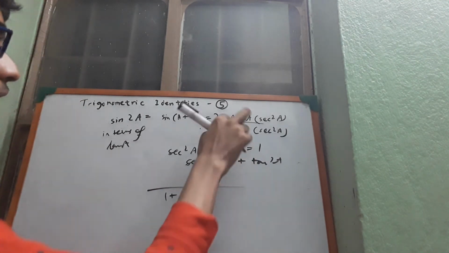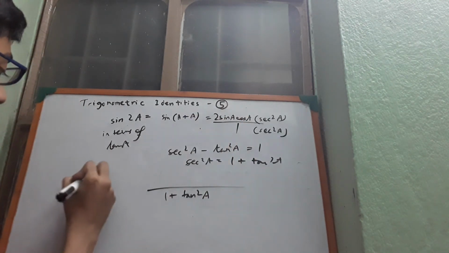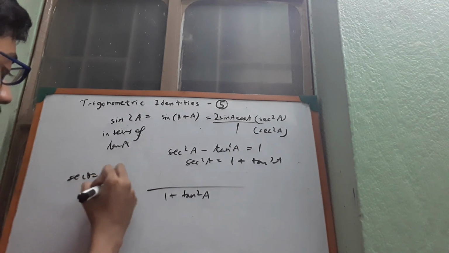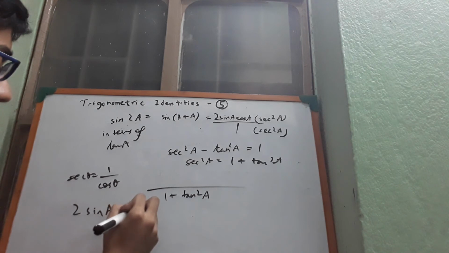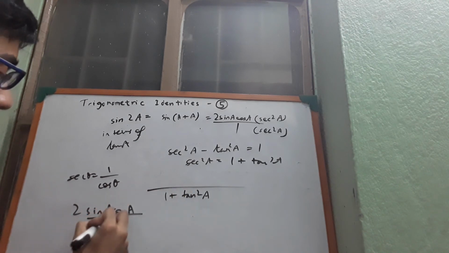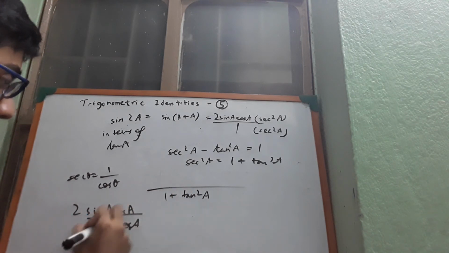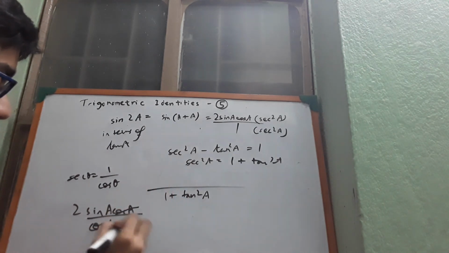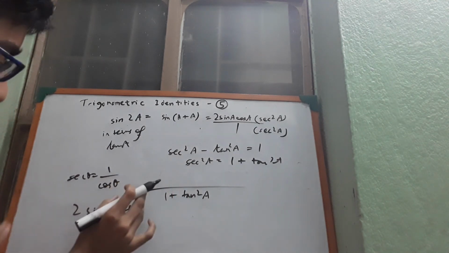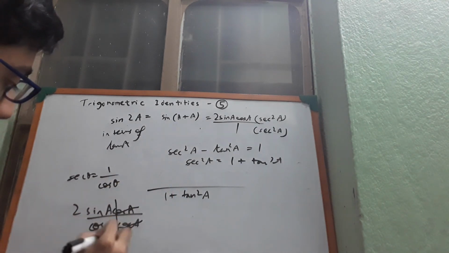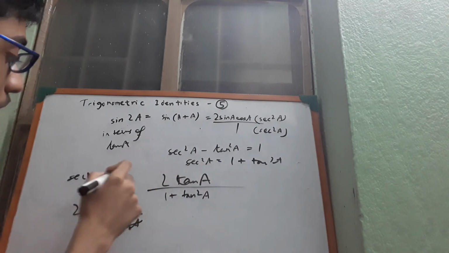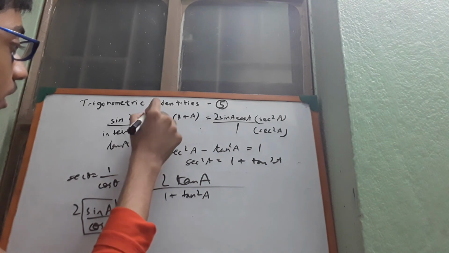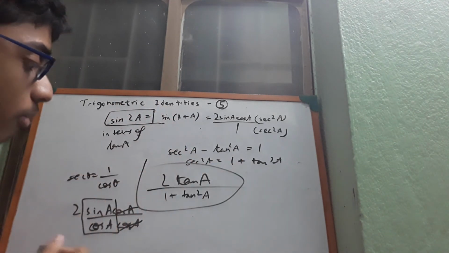Now in the numerator, sec theta is 1 by cos theta. So we have 2 sine a cos a divided by sec square a, which gives 2 sine a over cos a, so the expression will simplify here. Now sine a by cos a is tan a. So 2 tan a over 1 plus tan square a. We can write sine 2a, this expression here, as 2 tan a over 1 plus tan square a.